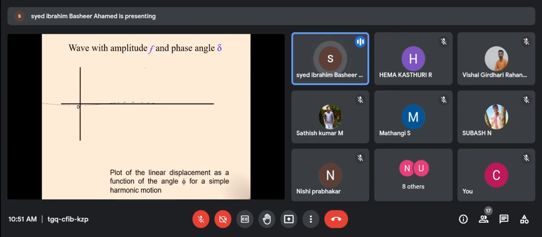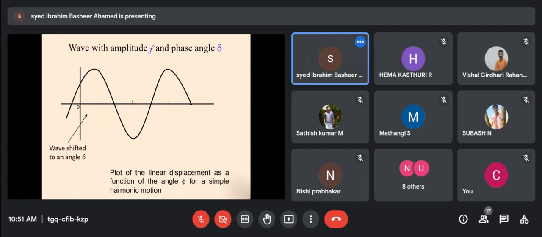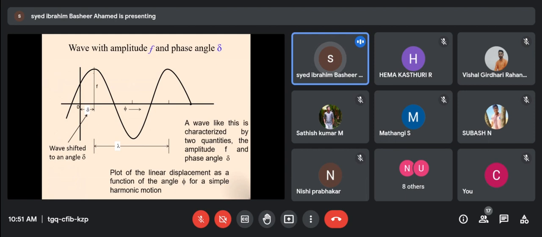So a wave with amplitude f and phase angle delta. You can see this is a wave shifted by an angle delta, and its amplitude is f.